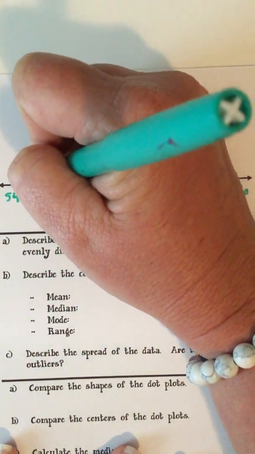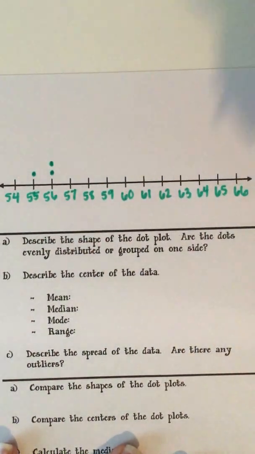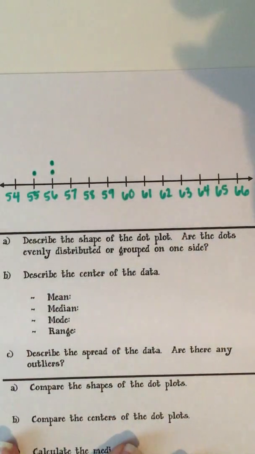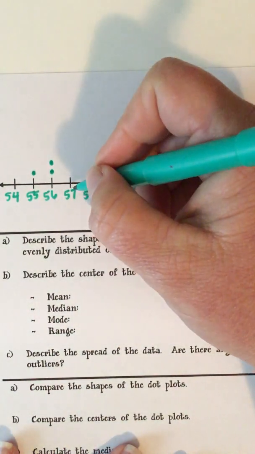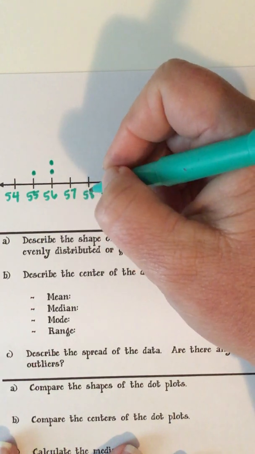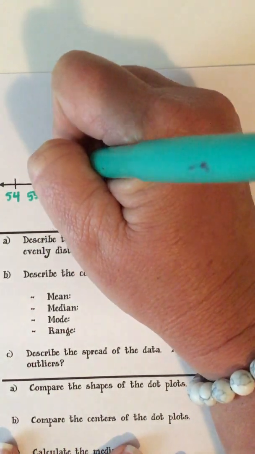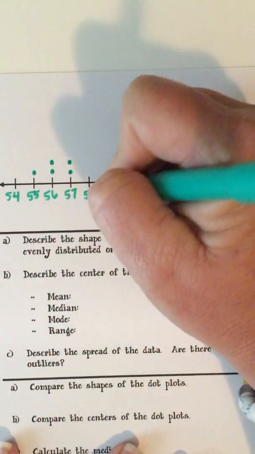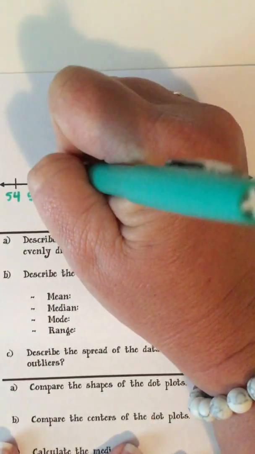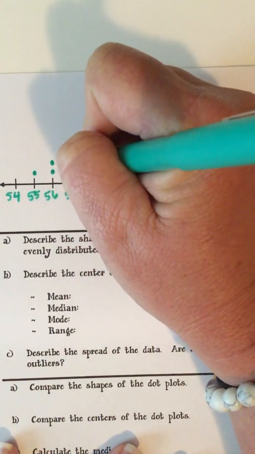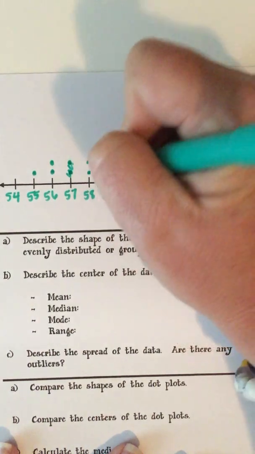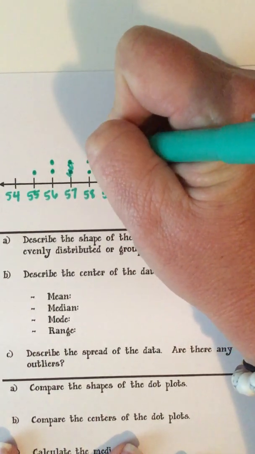Then you have two 56s, so you just put two dots above 56. Cross off both of those. Don't have any 57s, so then we have two 58s. Cross those off. See, that's why I use a pencil. Then for 59, we have 3, so 1, 2, 3.